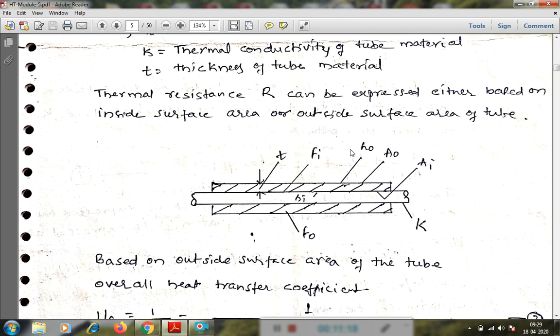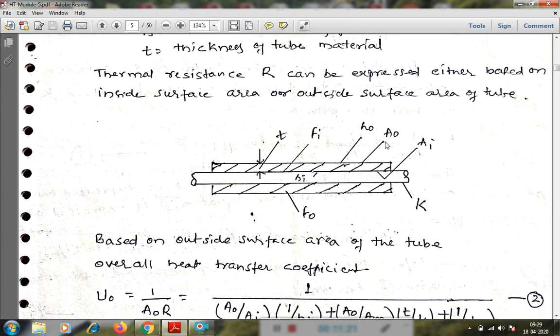We already know that the conduction resistance and convection resistance are to be considered. Here is one example, the thermal resistance for a heat exchanger tube. Inside one fluid is there, outside another fluid. The inside heat transfer coefficient is Hi, the outside heat transfer coefficient is H0, and the thickness of the tube is t.